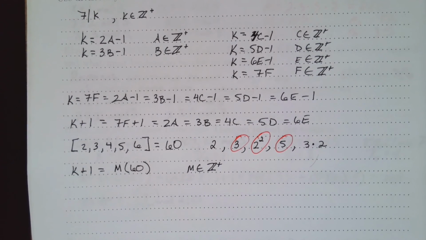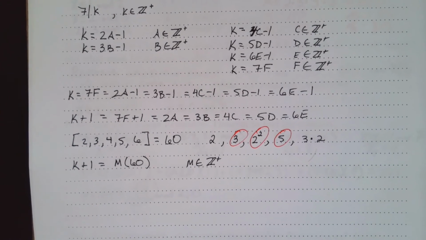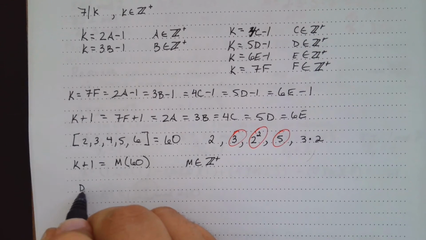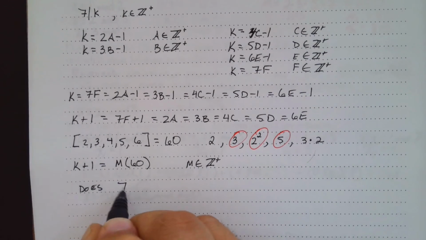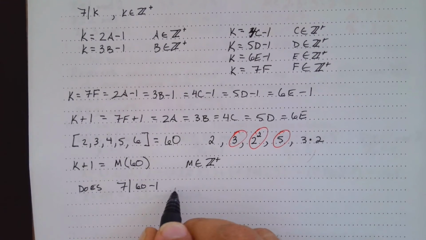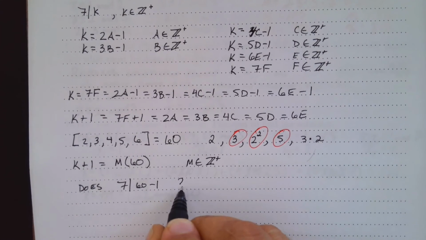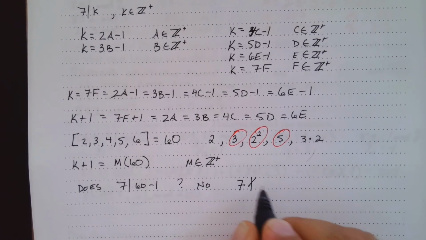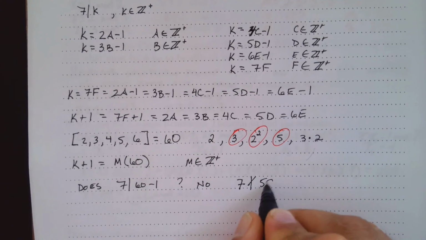Okay. So now we can really just check really quick. Does 7 divide 60 minus 1? And the answer to that is no. 7 does not divide 59.